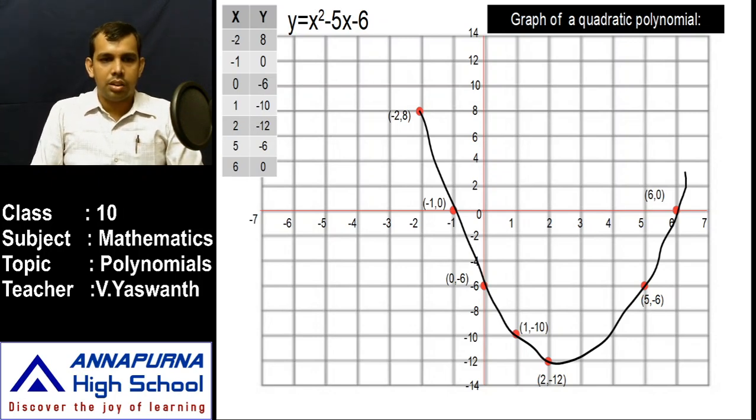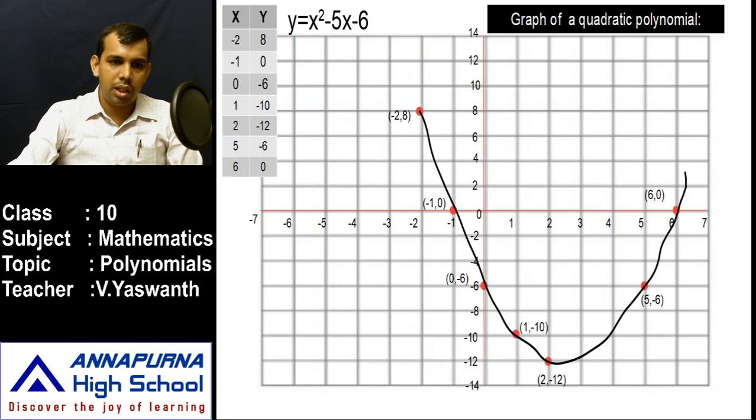And this parabola is an open figure, it's not a closed figure. In this parabola the open part is up, so that's why it is open upwards. In some parabolas the open part comes down, so this is a parabola open downwards, and this is a parabola open upwards.